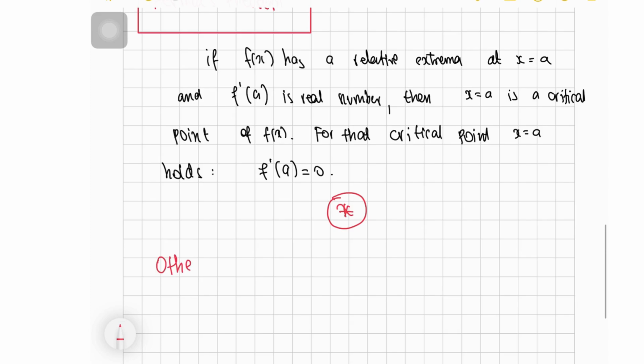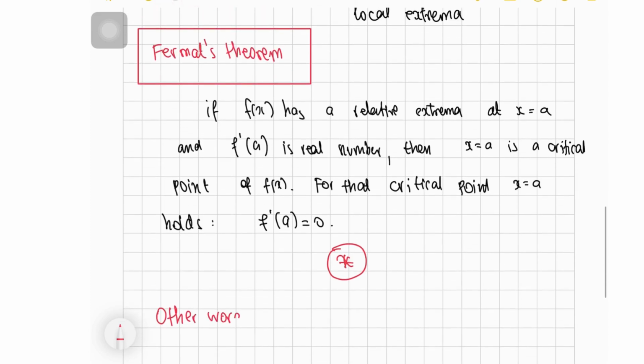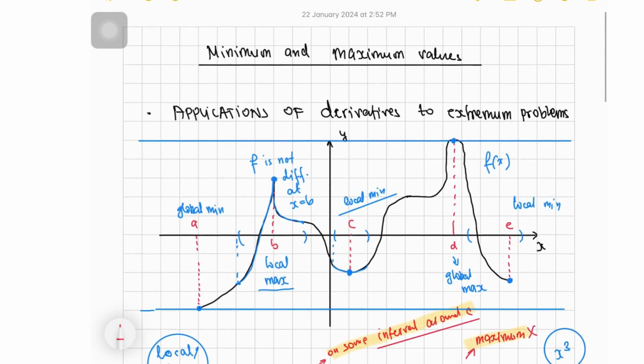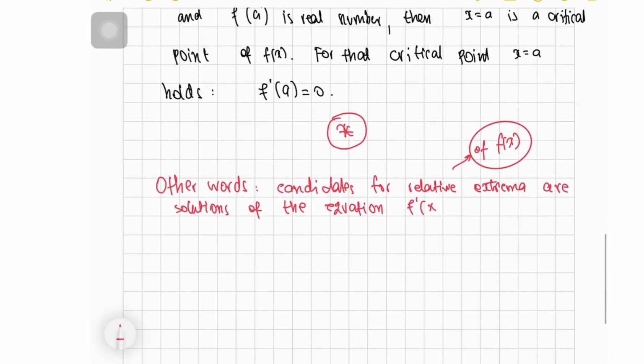In other words, candidates for relative extrema of f of x, of course, so we speak about the function, are the solutions of the equation f prime of x, or f prime of c, if you want, equals 0.